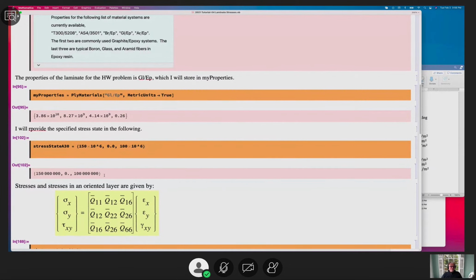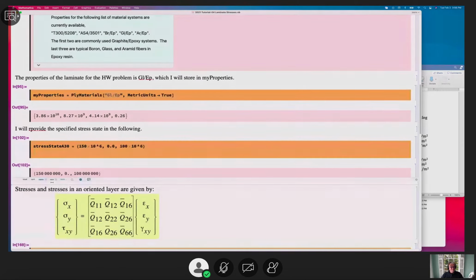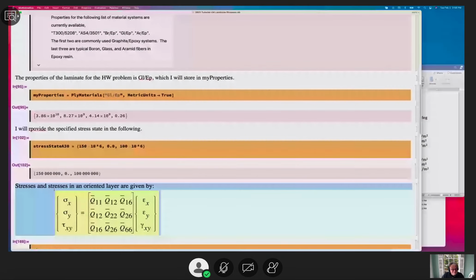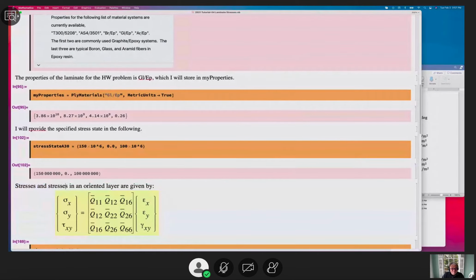So what do I need? I need from this the epsilons. So the relation between epsilons and this is the Q bar matrix. Stresses and strains in an oriented layer are related by this equation.